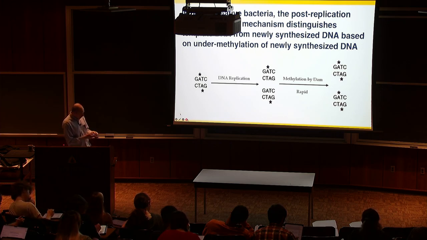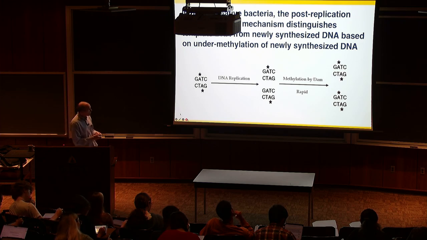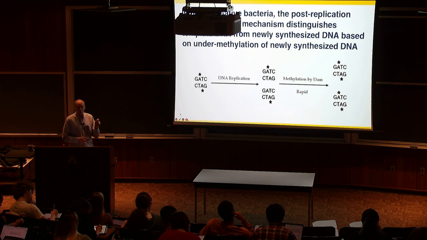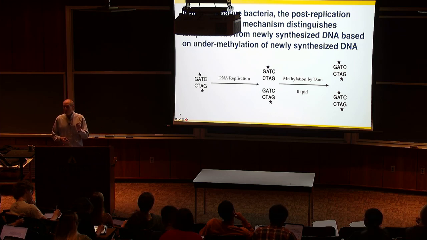Another way to look at the newly synthesized DNA is with a second pass to see if it's okay. And in E. coli, this is governed by methylation. It turns out that when DNA is first replicated, because the deoxynucleotide triphosphate pools do not have methylated nucleotides in them, all of the new DNA is unmethylated.